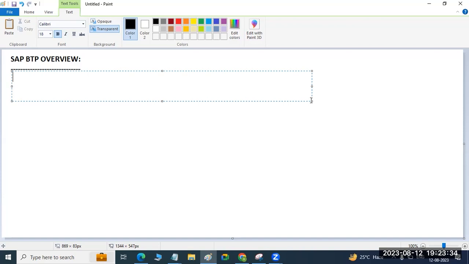Those services are available on the BTP side, which means, suppose you want to use Fiori apps, for example, you no need to install a new system in your on-premises environment, or maintain separate licenses. There is a subscription process on the BTP side.